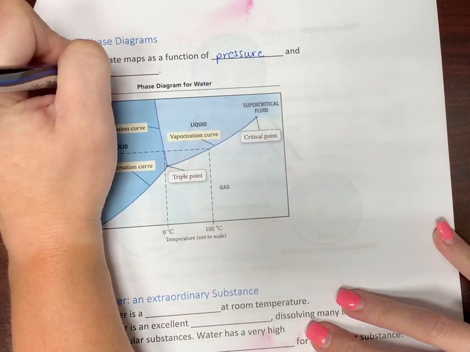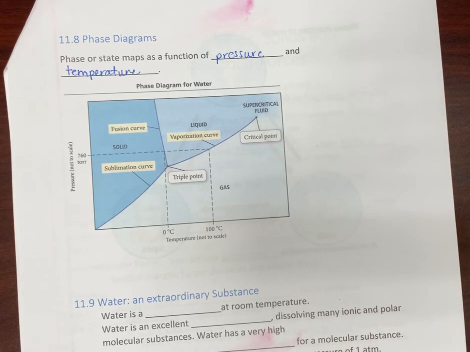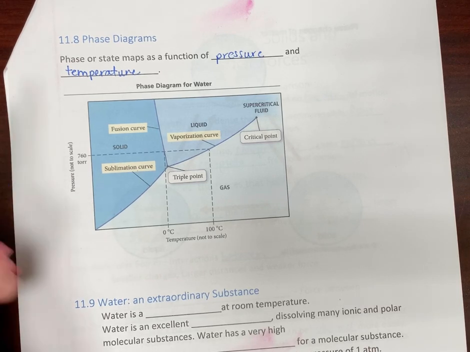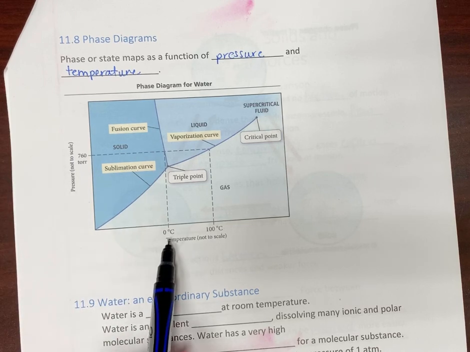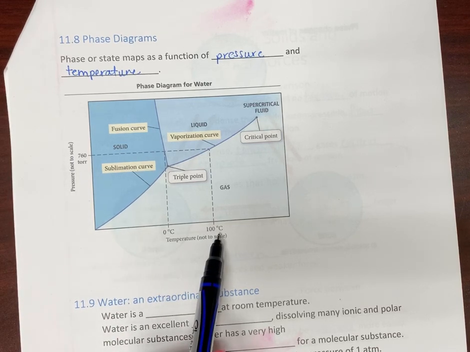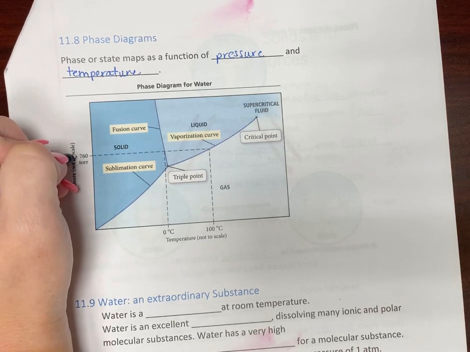and temperature. So if we're looking at water, now all of these phase diagrams are going to have some pressure value, and then they're going to have a couple of temperature values. The pressure value is usually going to be the pressure of boiling.